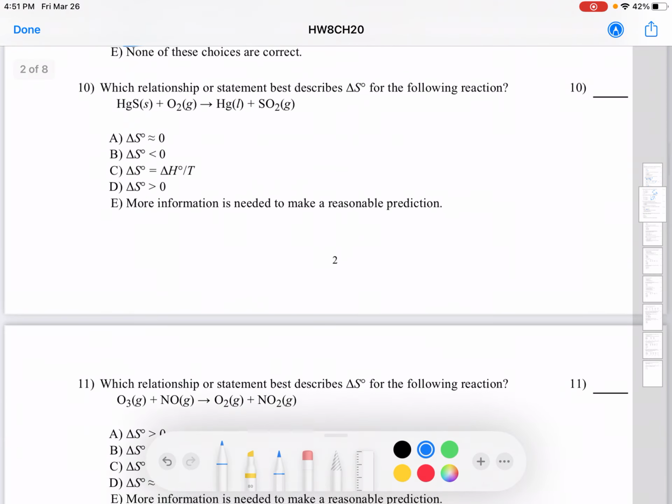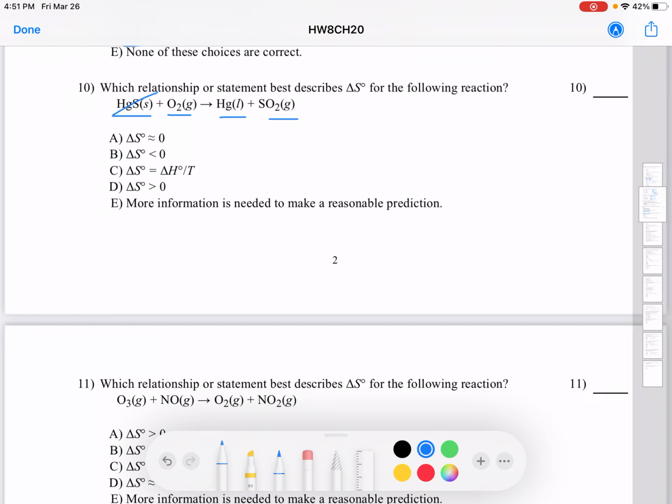Number 10. Which relationship or statement best describes delta S naught for the following reaction? Here you have mercury sulfide solid, oxygen gas, liquid mercury and sulfur dioxide. Okay, so what do we have here?